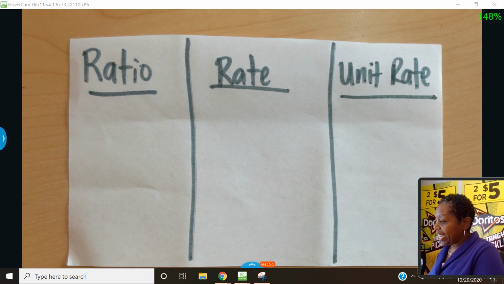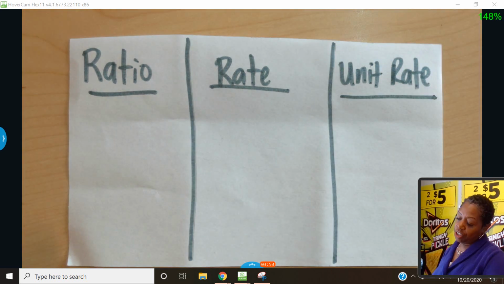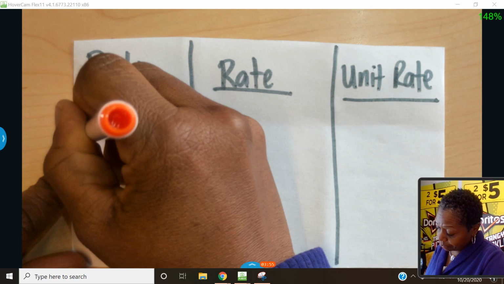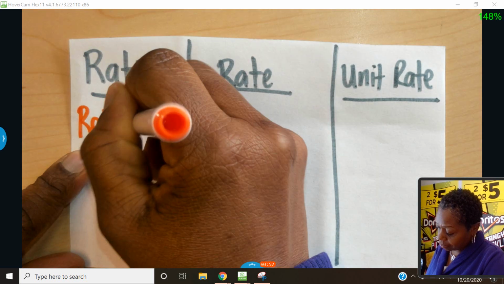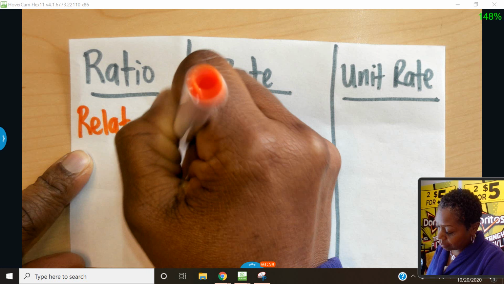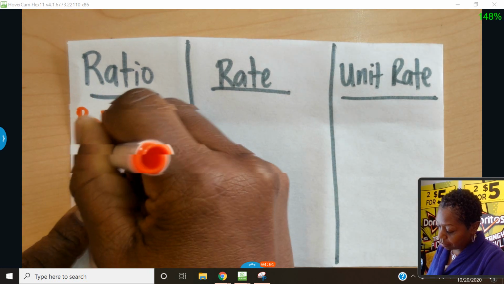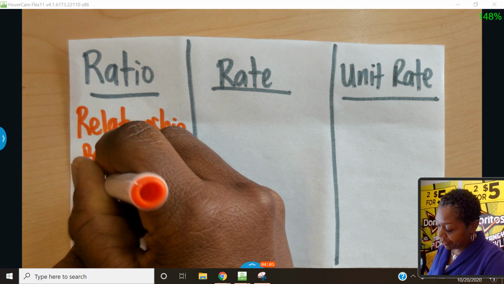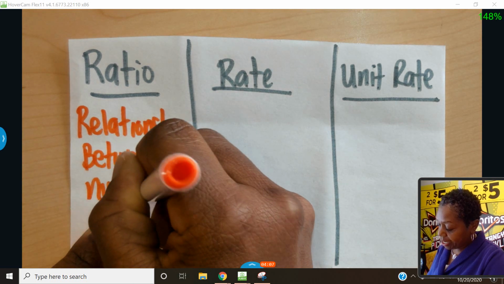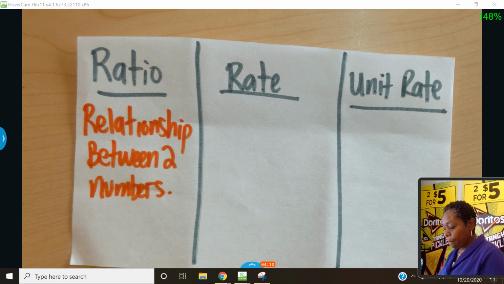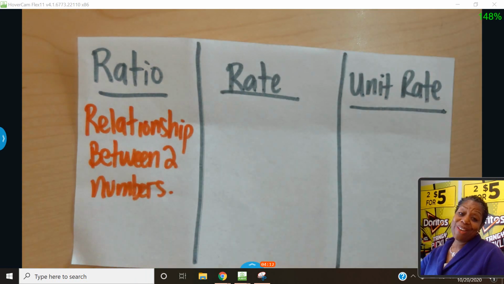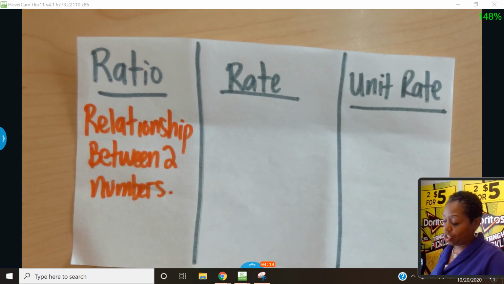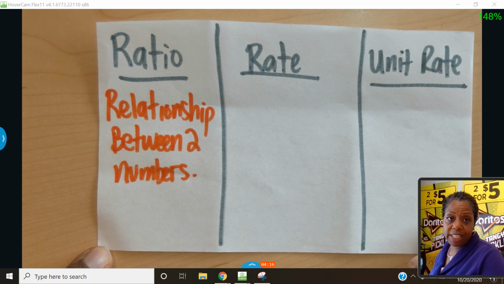So a ratio is a relationship between 2 numbers. Please feel free to pause the video if you need to write it down. But I'll also give you examples, right? So a ratio is a relationship between 2 numbers. You should be familiar with this from 6th grade.